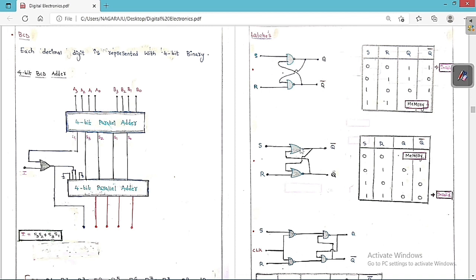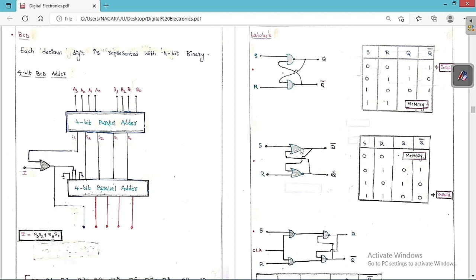Otherwise, if the present output depends upon the present input as well as on the past output, then we call that system a sequential circuit. Up to now we have learned about combinational circuits, but now we are going to learn about sequential circuits. Let me give you the definitions of these two things. In combinational circuits, the present output depends only on the present input.